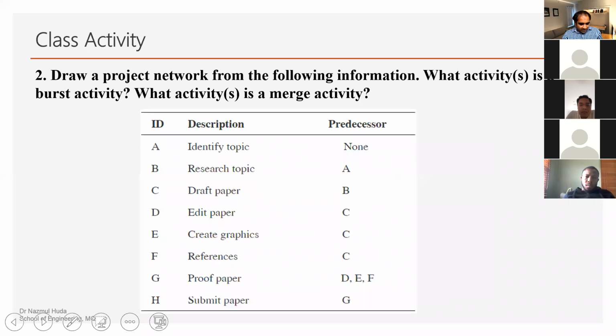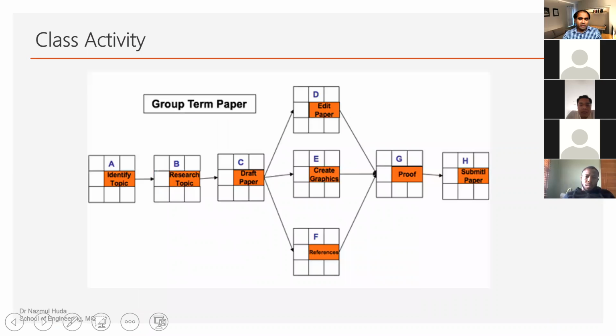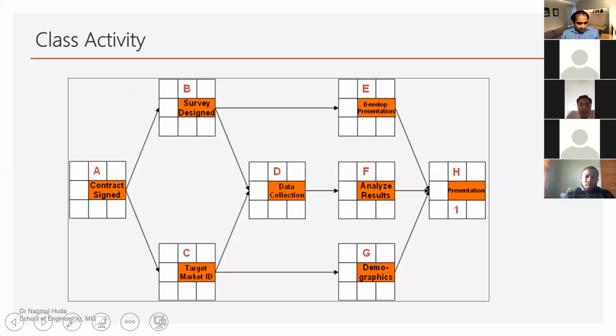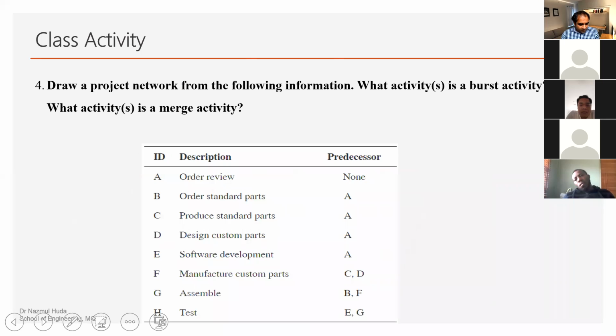And another class activity, in very simple words, I have the answer given here. So please check and make sure that you understand the background process and how it works. Practice all the class activities yourself, and the solution is given here, so it should be easy for you.